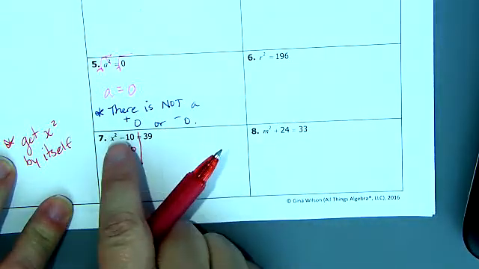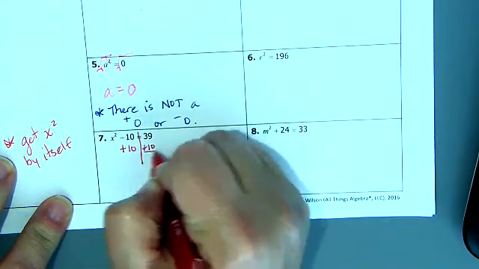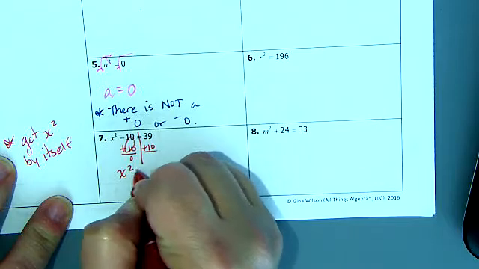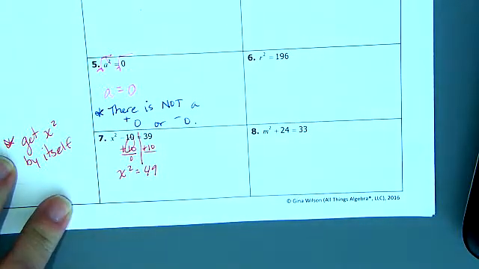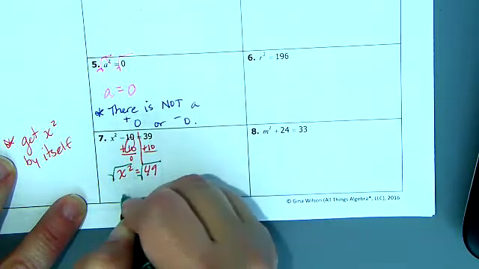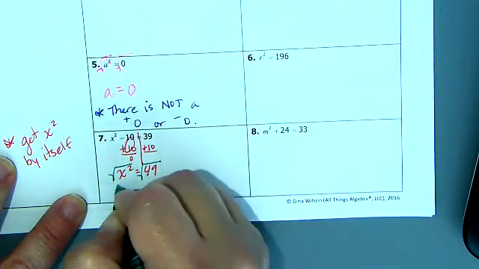I have to do the inverse. It's subtracting 10, so I have to add 10 to both sides. This zeroes out, and I end up with x squared equals 49. And now I take the square root of both sides and I end up with x equals positive or negative 7.